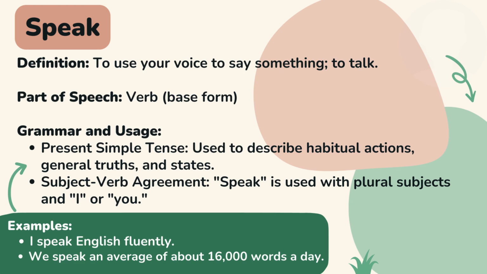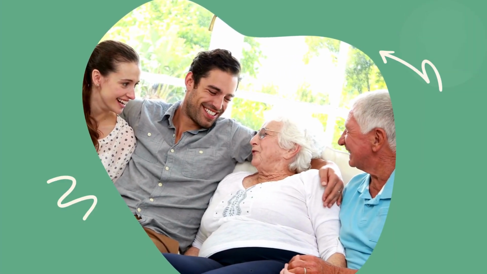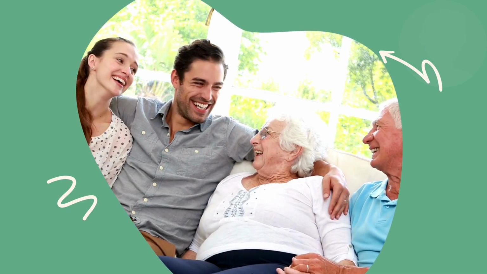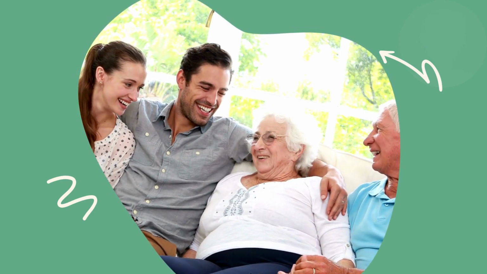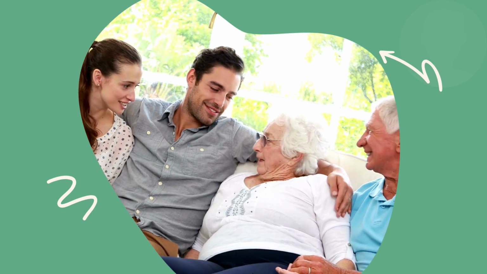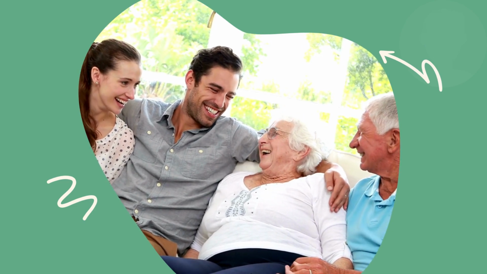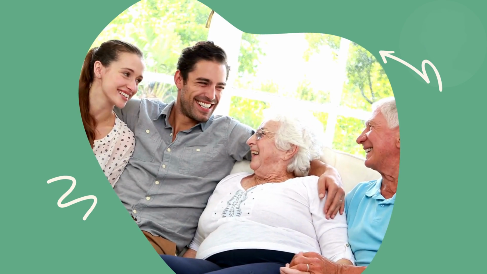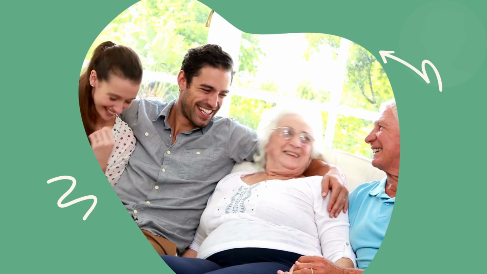Singular subject requires an S. Alright, let's move forward. Just remember, if you're talking about something habitual or a general truth, speak is your friend. And don't forget your subject-verb agreement. It's he speaks, not he speak. Remember, we don't want the grammar police on our tail.